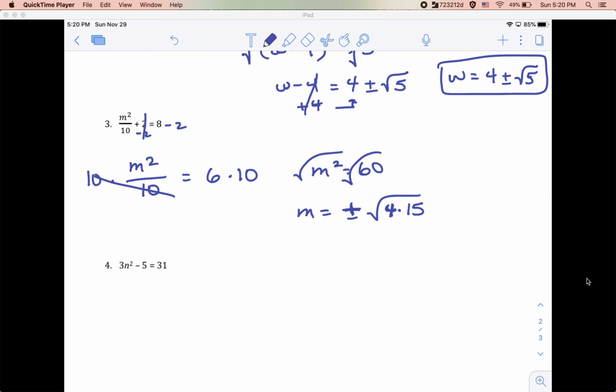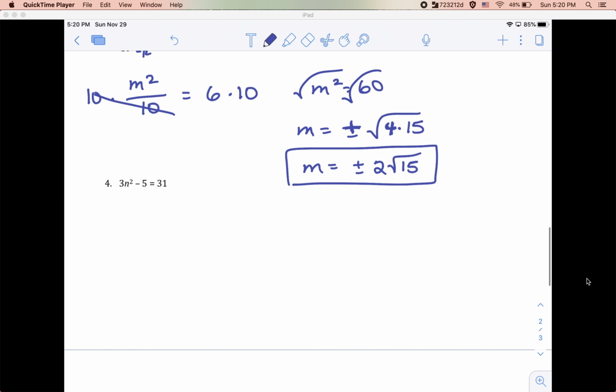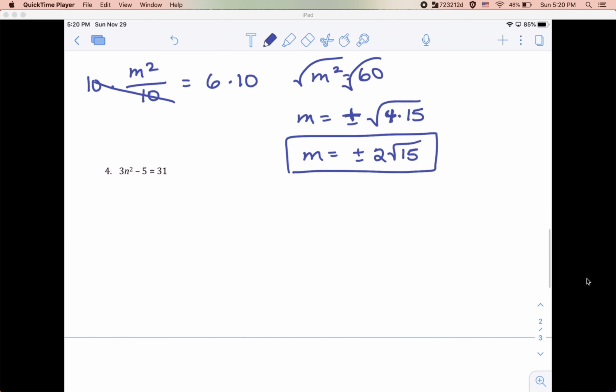That's my biggest perfect square pair. So then that comes out of the house, the 4 does, and that becomes m equals plus or minus 2 root 15. And last, add the 5.